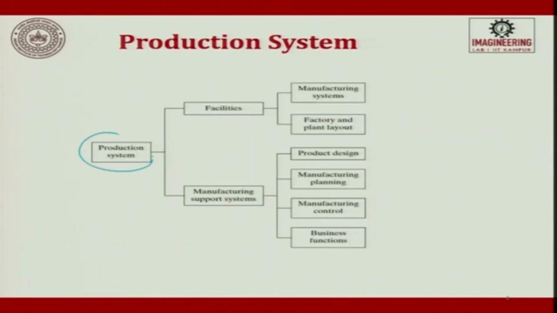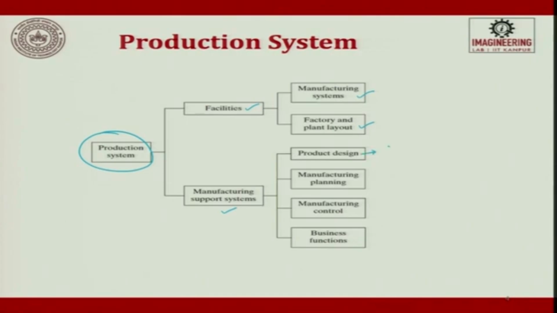So, the production system is divided into two categories: facilities and manufacturing support system. In facilities, you will have manufacturing system, factory and plant layout. The other one is product design, manufacturing planning, manufacturing control and business.